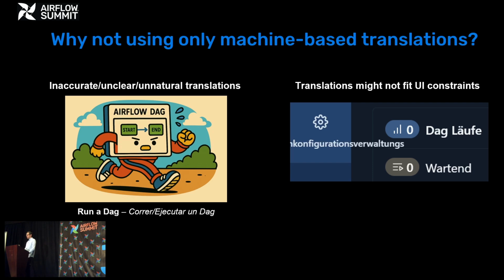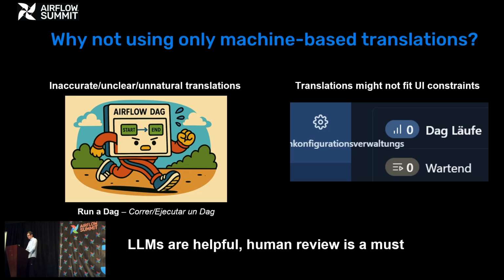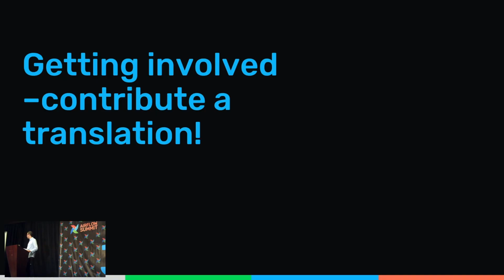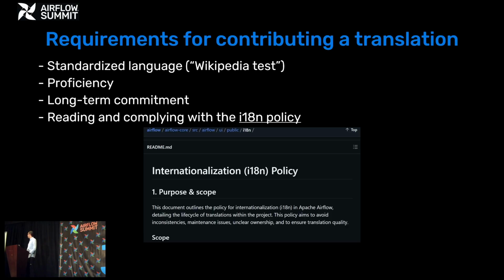Now, current technologies like LLMs can help address both issues, but still they're not perfect, and it will take some time until we get there. So that's why we ensure a human review before merging translations. So now that we are motivated, let's get involved and see how we contribute translation to Airflow.